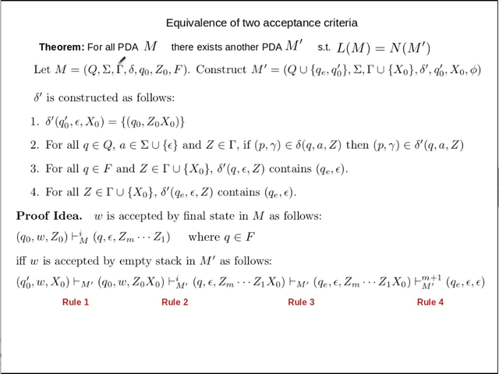We take all the stack symbols of M, but we also add one new stack symbol for M prime, and this new stack symbol will be the start symbol for M prime. Here the start symbol is Z0, so here the start symbol will be X0, and this X0 is the new thing that is here. Otherwise all the other symbols are taken from here.